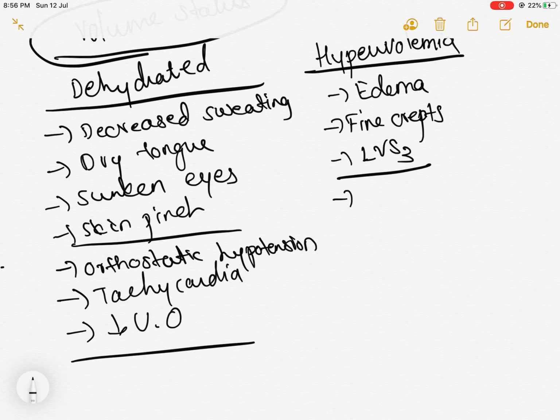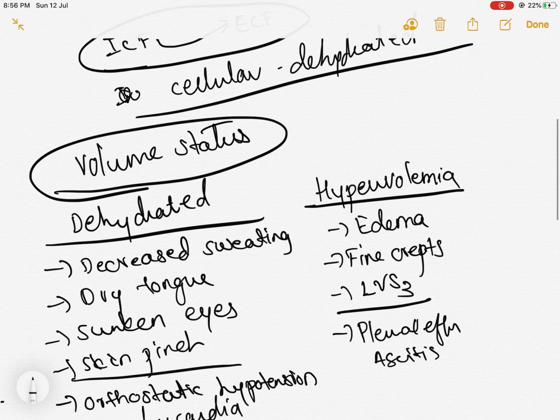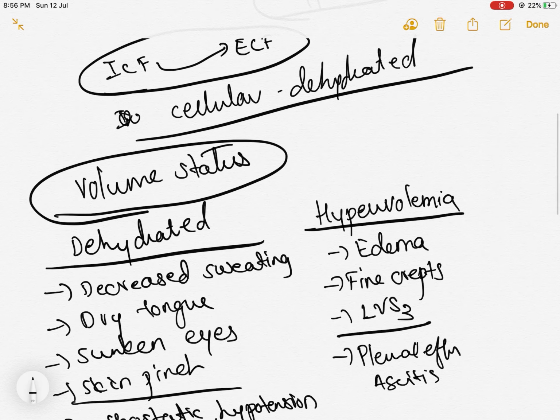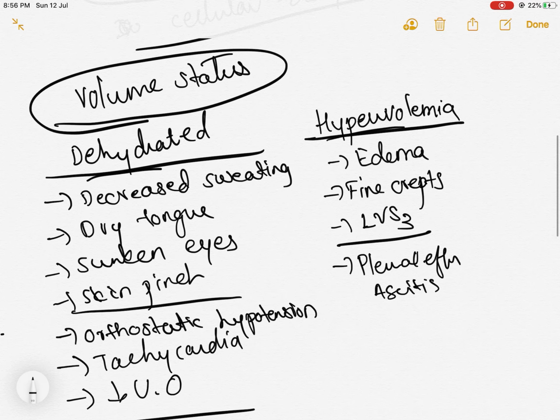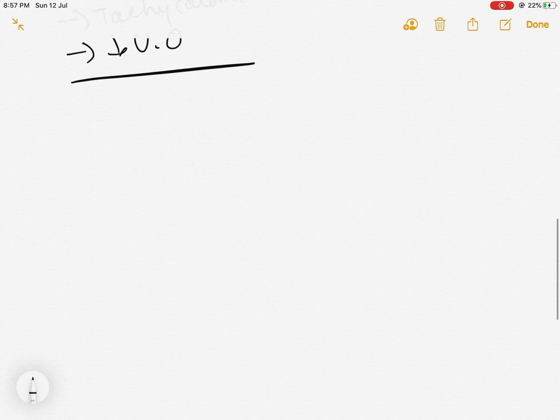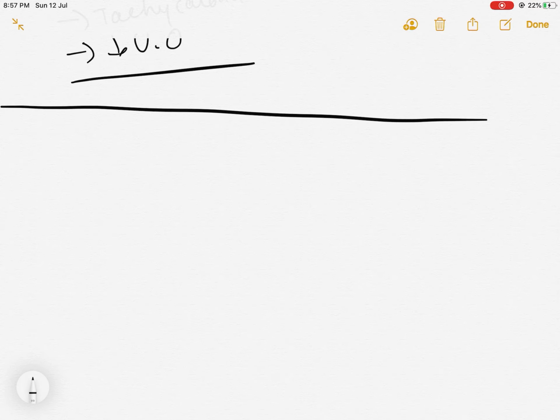Or presence of any effusion like pleural effusion, ascites, or pericardial effusion. Then isovolemia is a normal person. So whenever you see anybody's sodium more than 145, you check the volume status, whether the patient is dehydrated, hypervolemic or euvolemic. So there are types of hypernatremia based on the volume status of the patient.